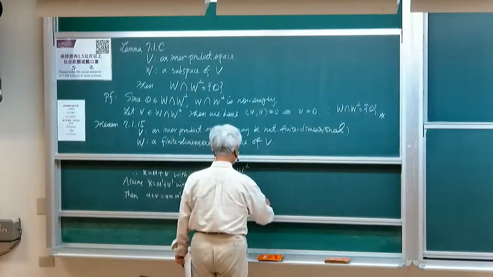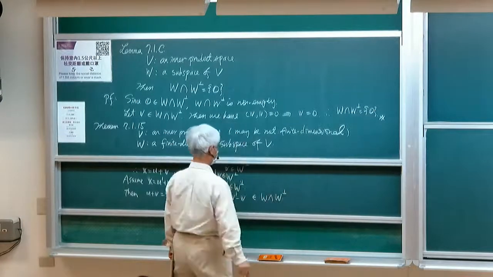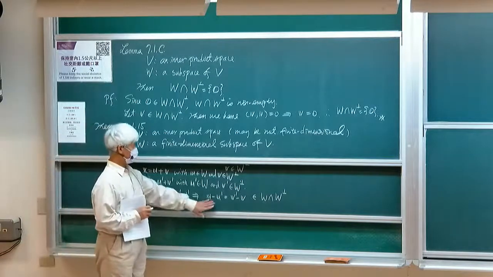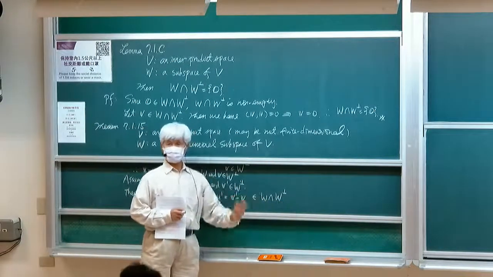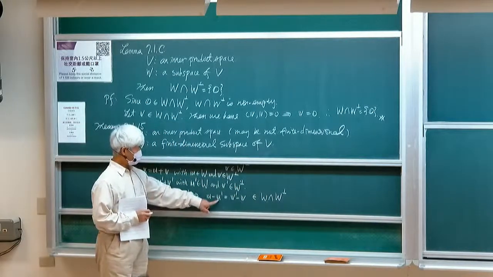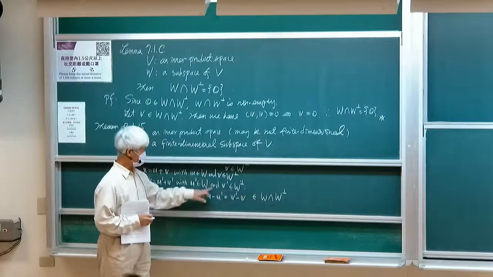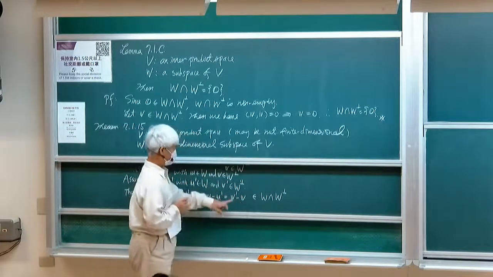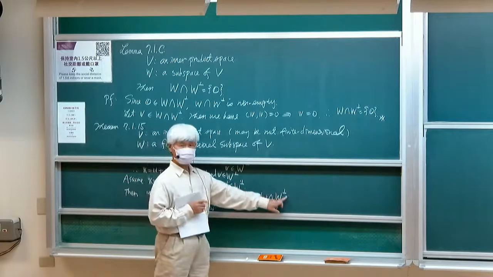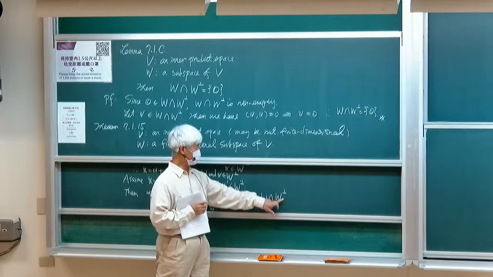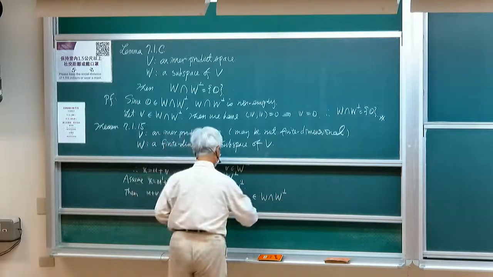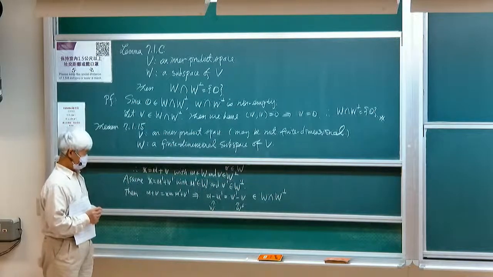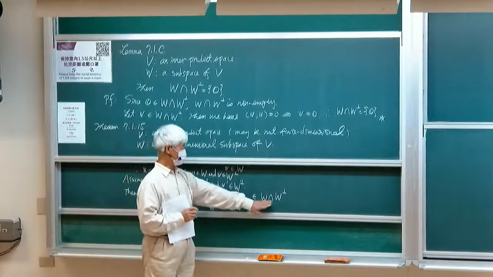And so this is in the intersection of W and its orthogonal complement, because W and the orthogonal complement are subspaces. U and U prime are in W, so their difference is in W. And V prime and V are in the orthogonal complement of W, so their difference is also in W perp. And they are equal, so they must be in the intersection.